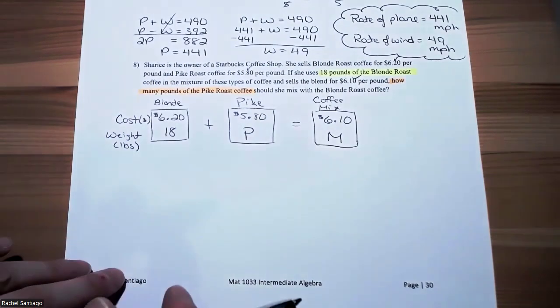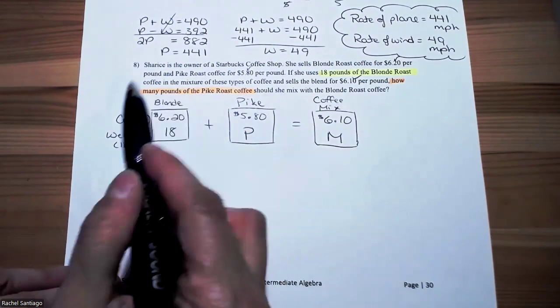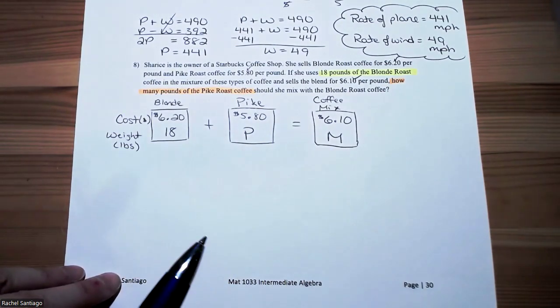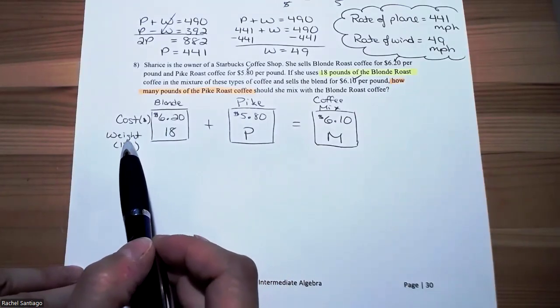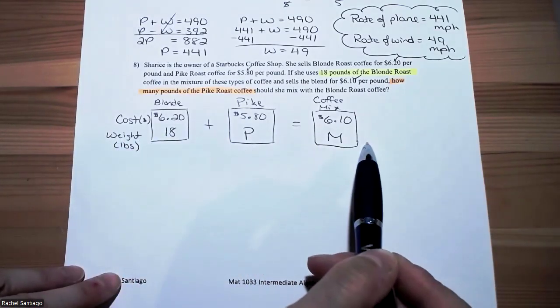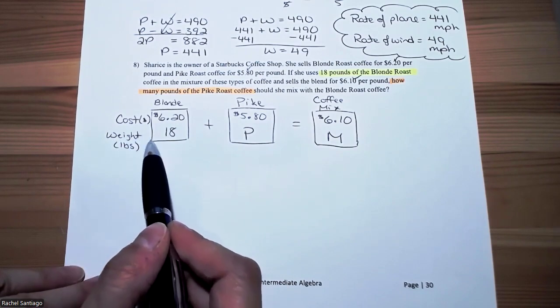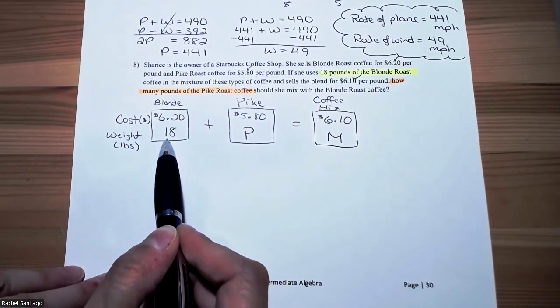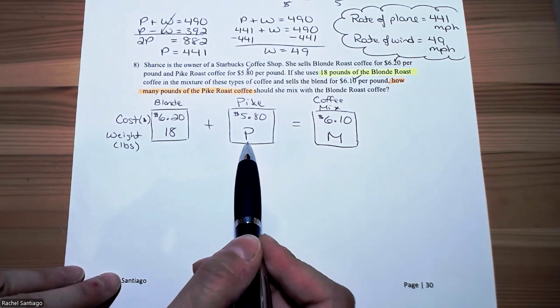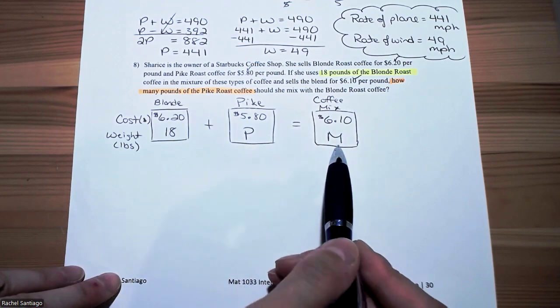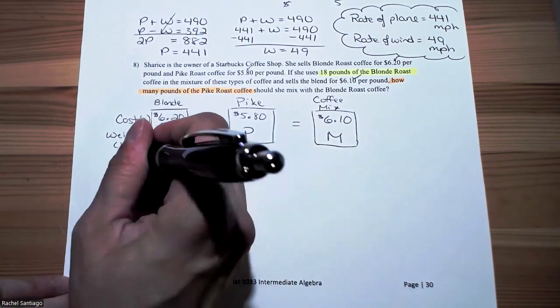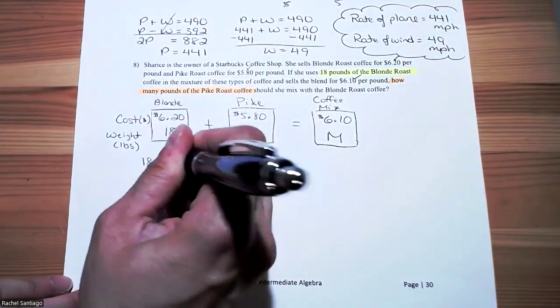Now, this is where we have an opportunity to construct two equations. The first thing I want you to consider is when we look at just weight here, we see that we have 18 pounds of the blonde roast plus P pounds of the pike roast equals M pounds of the coffee mixture. So that's actually one equation in and of itself.